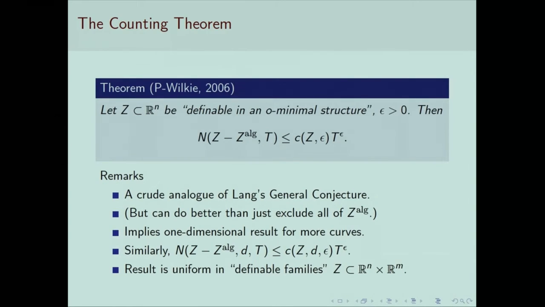And so you can view this theorem as a crude analog of Lang's general conjecture. Well, you can actually do a bit better than excluding the whole Z-alg. And maybe I'll just remark here that you can do the same thing for counting points of any degree D.